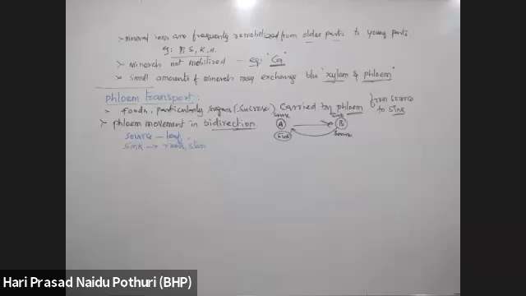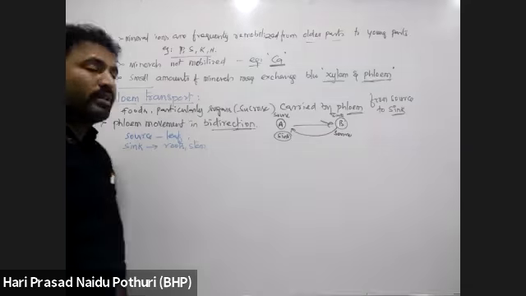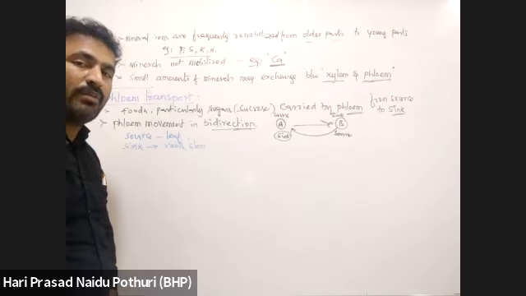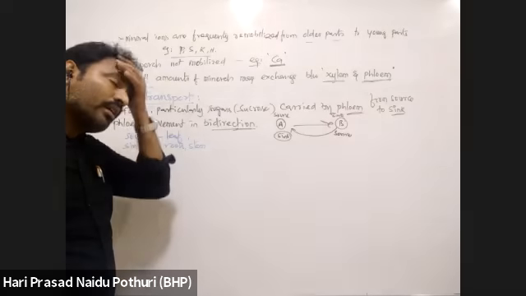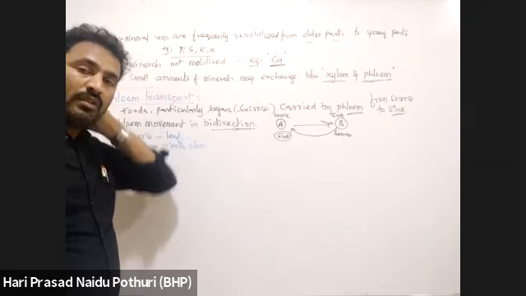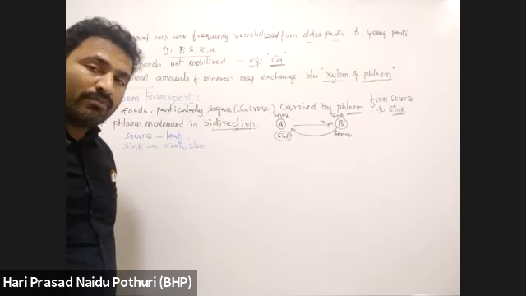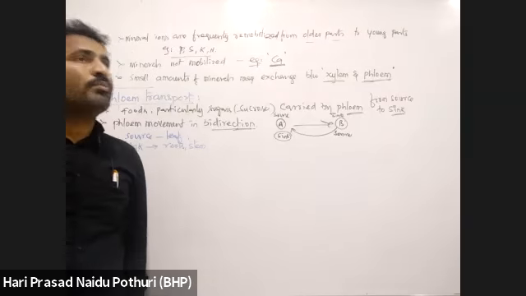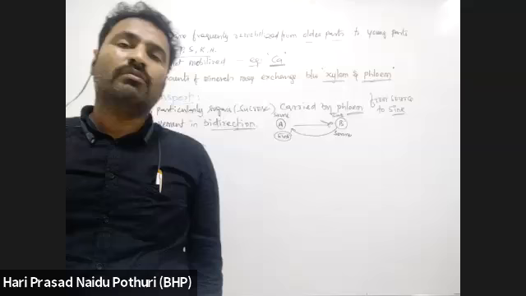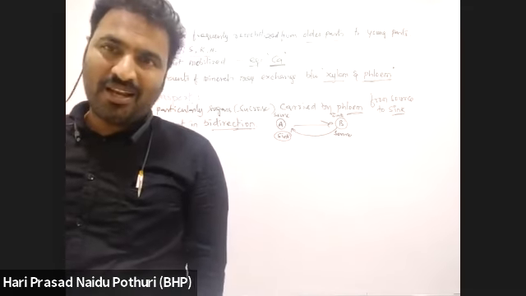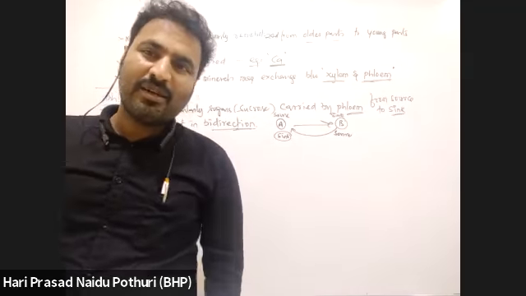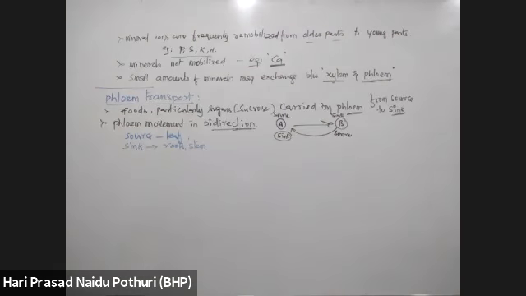Since the source-sink relationship is variable, the movement in phloem is bidirectional, can be upwards or downwards.